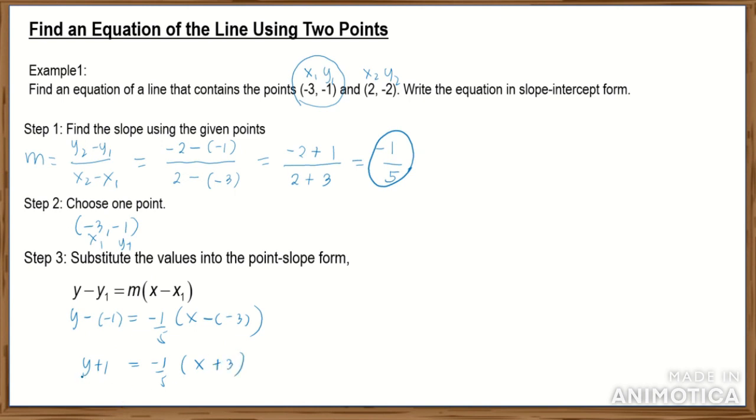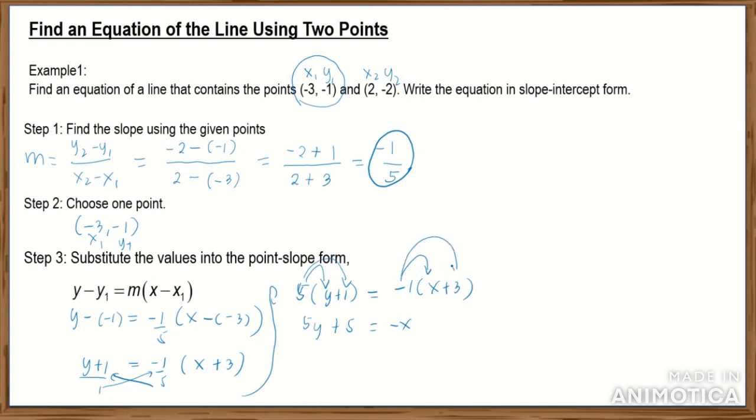Then we get the cross products. So what we have now is 5 times y plus 1 is equal to negative 1 times x plus 3. And then we distribute 5 to both terms here. So we have 5 times y plus 5 times 1, which is 5, is equal to negative 1 times x, which is negative x.